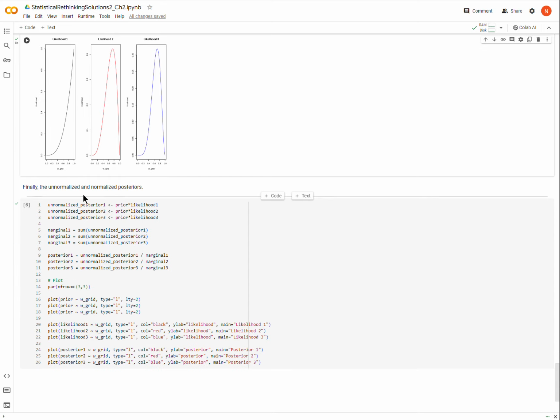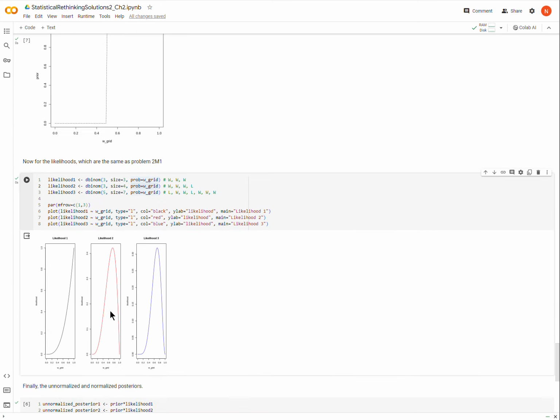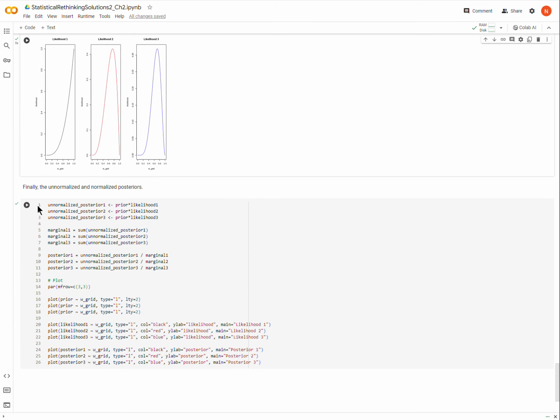Now we're going to combine our new prior with these different likelihoods. We start by multiplying the prior times each of the likelihoods, which gives us an unnormalized posterior. I explained that in the video for 2M1. In order to normalize it, so that our posterior is a valid probability distribution, meaning the area under each of the curves represents 100%, we need to divide the unnormalized posterior by a normalizing constant that we're calling the marginal probability.